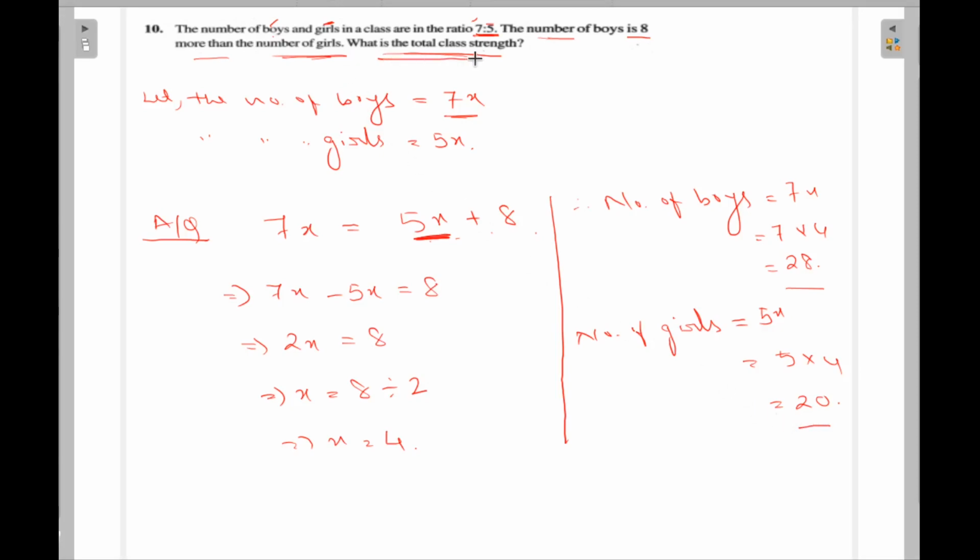Now we have to find the total class strength, which is the number of boys plus the number of girls. 28 plus 20 equals 48. That means in that class there are a total of 48 students.